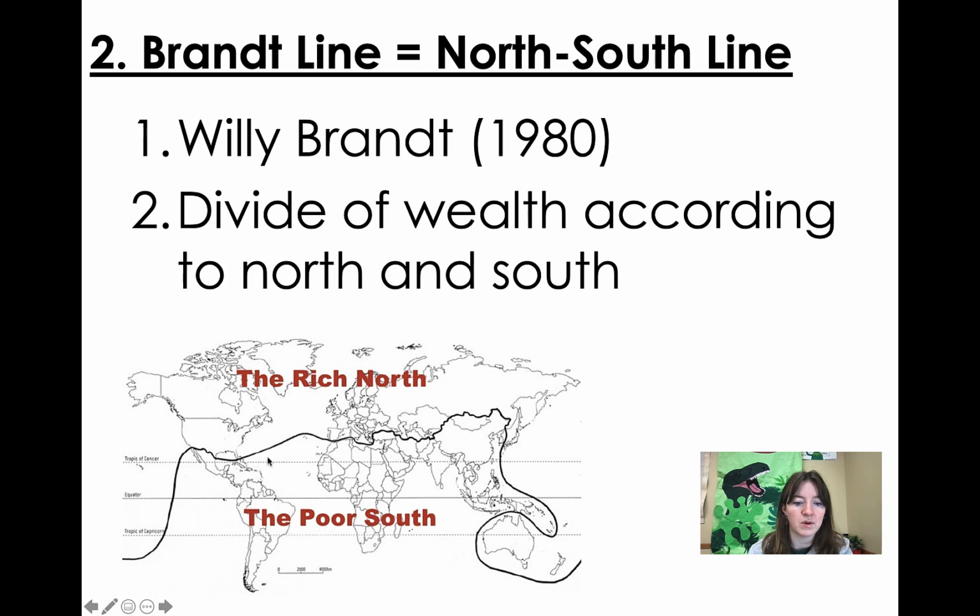You bring it all the way around, kind of keep Europe in here. Pretty much exclude most of Asia. Swing around Mongolia to bring in Japan, and then all the way around to bring in Australia and New Zealand, because remember that these are countries that were settled by Europeans, and therefore they are going to tend to be richer. I said settled, I mean colonized.